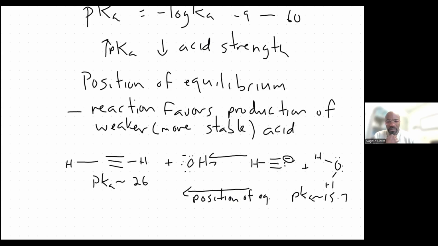We start on the lone pair, we grab the H, and then the single bond between the H and the O breaks and becomes a lone pair of the O. And that's how we form our hydroxide and our acetylene. So that's how we do position of equilibrium.